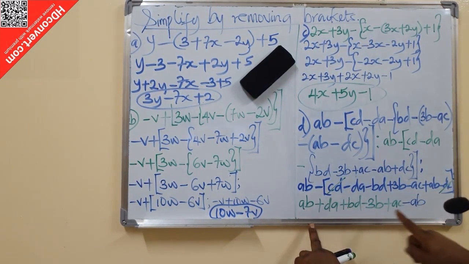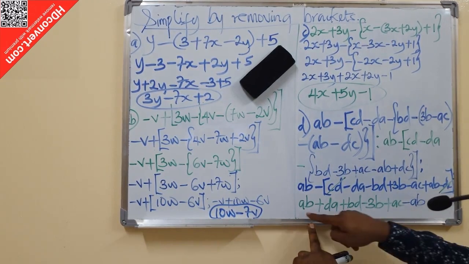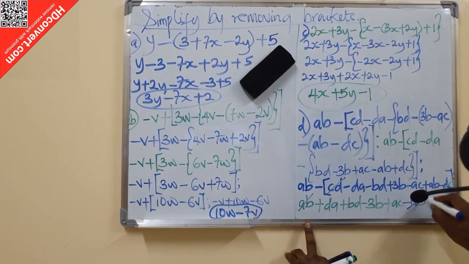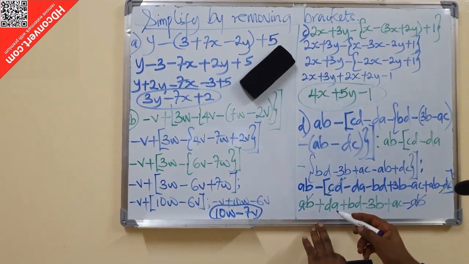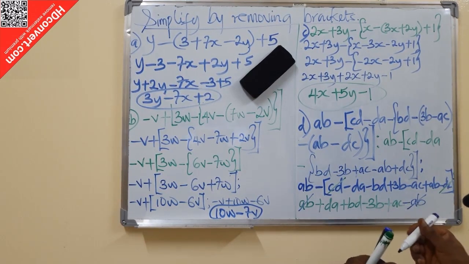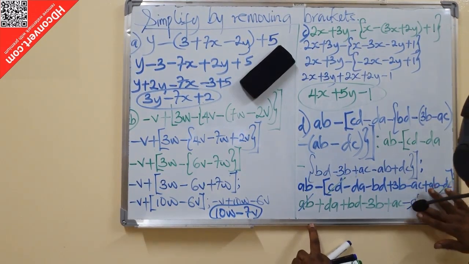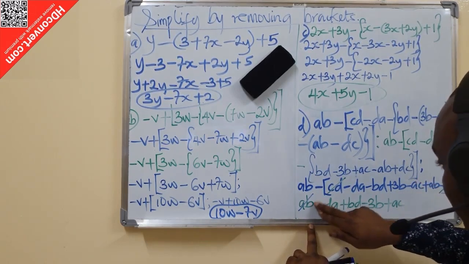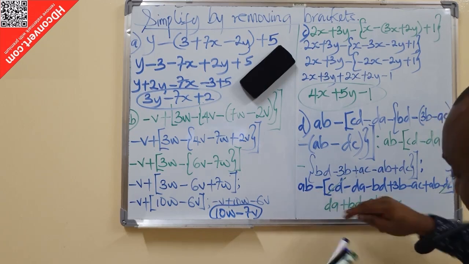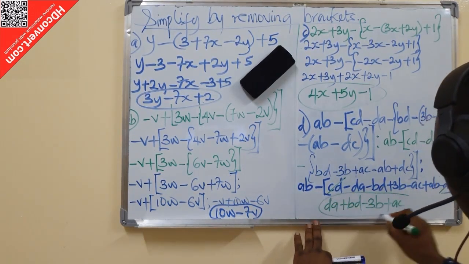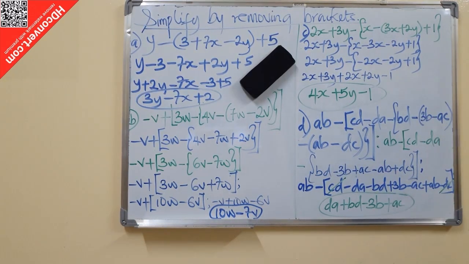This is positive, this is negative. Therefore, AB will cancel out with AB because AB minus AB will give us 0. And we are left with DA plus BD minus 3B plus AC. We can easily erase the ABs if we want to. Since we don't have so much space, we can just do the double steps in one step. And the final answer becomes DA plus BD minus 3B plus AC.